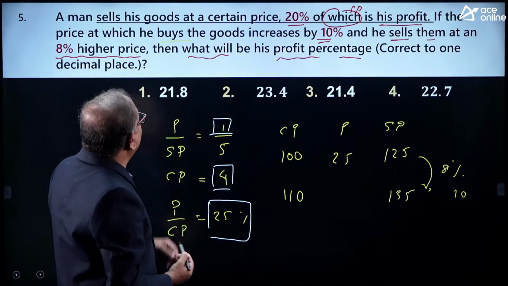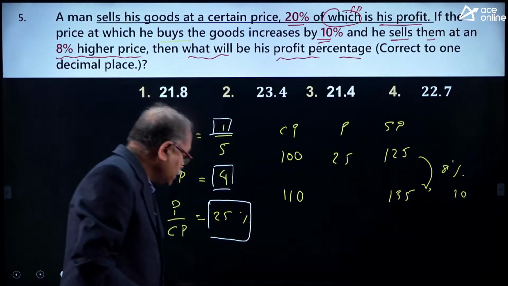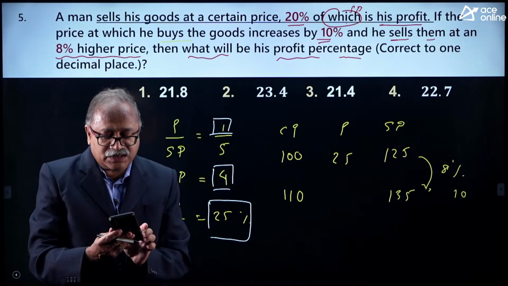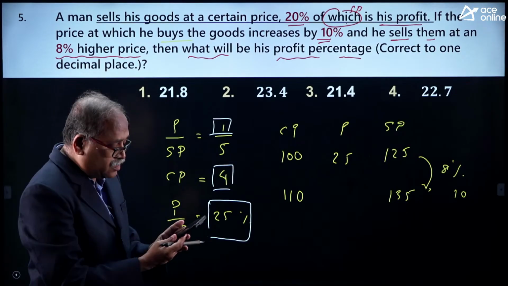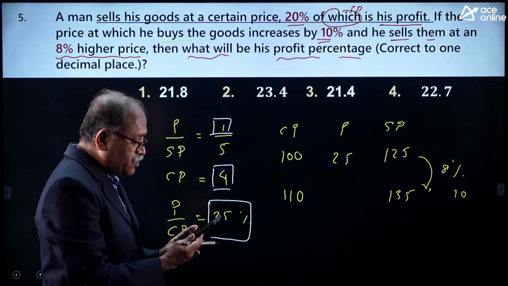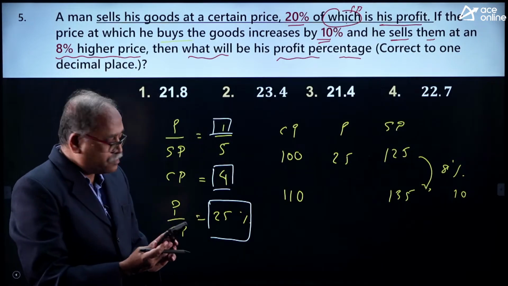Right, my dear friends? Now, the question is, what will be the profit percentage? Let me check, anyone answered it? From here onwards, I am sure some of you will answer it. I think Varshini has said option 3, that is 21.4. Okay.